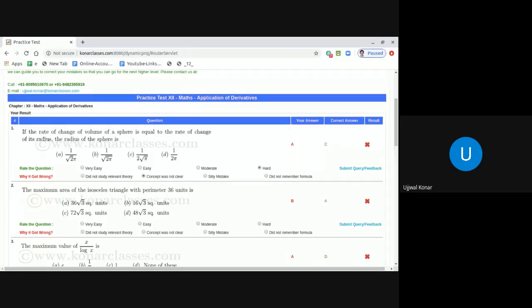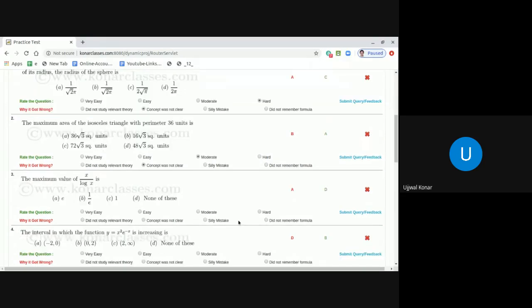When you appear in many tests on application of derivatives, the computer system generates a pattern using latest technologies called machine learning and artificial intelligence. With this you will know by means of a report how things are progressing. Similarly, for the second question, why it went wrong, you can write concept was not clear. Third one, it is hard and it was a silly mistake.